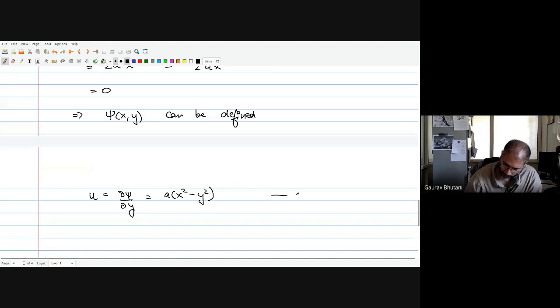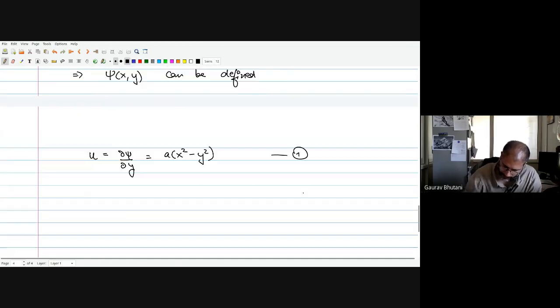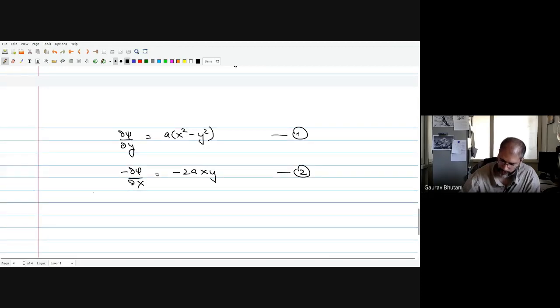Okay, so this we'll call 1. This we'll call 2. I'll just remove this part because it's not necessary. So we want to find the scalar field psi so that these two equations are satisfied.